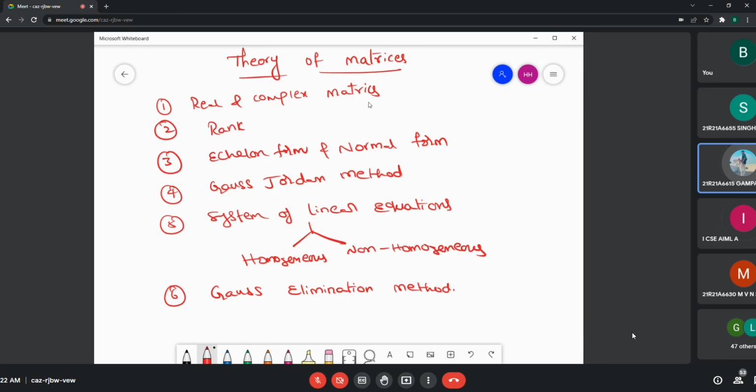Ma'am, does unitary matrix mean A conjugate whole transpose is equal to A inverse? A into A power theta is equal. Ma'am, that is same as A power theta is equal to A inverse.